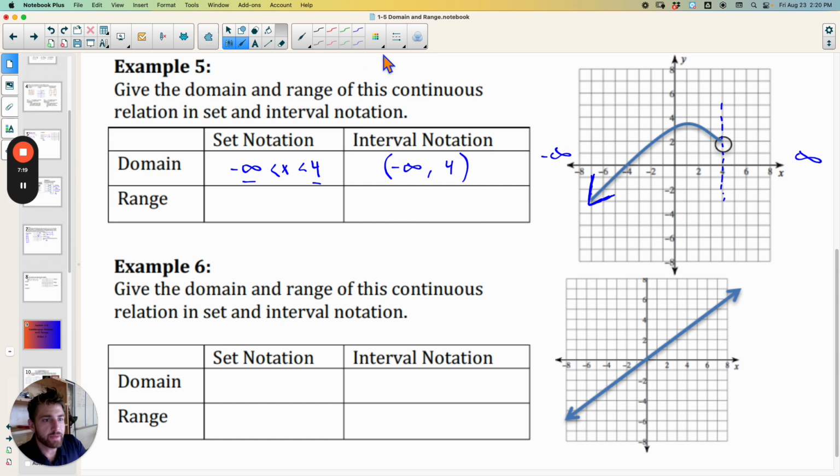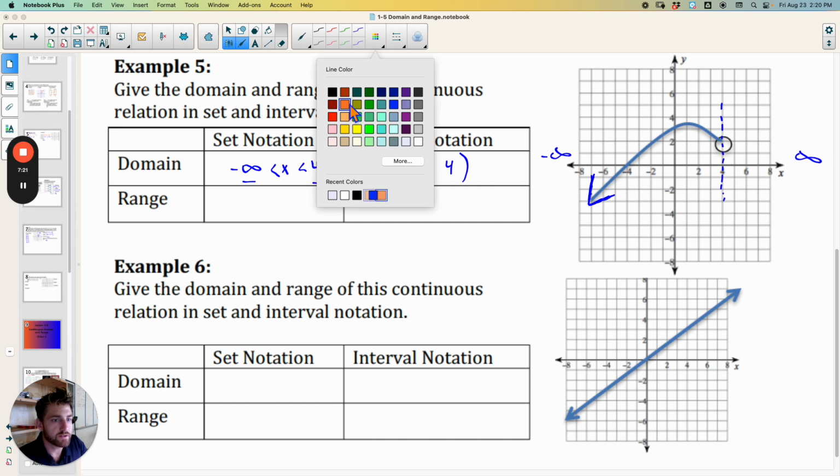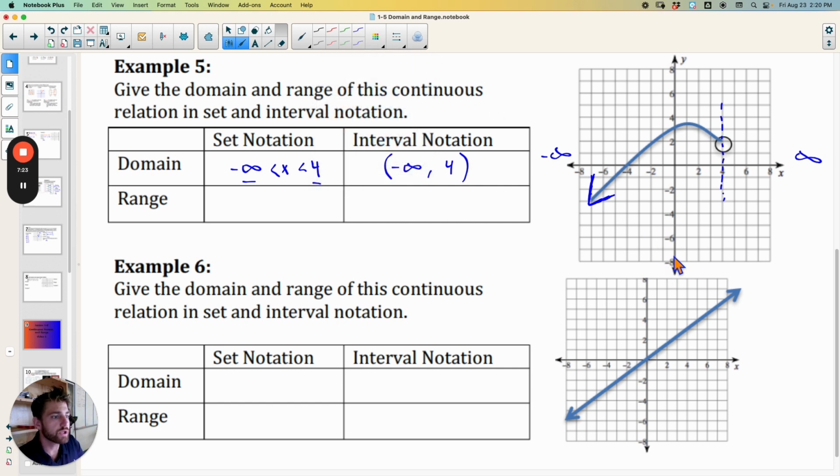So range is going to be up and down, and I am going to switch this over to orange. Now, the absolute topmost point of this graph looks like it's about right here. Okay, and I would say that's probably about 3.5. And then it also looks like the graph goes down. It doesn't actually stop here, right?